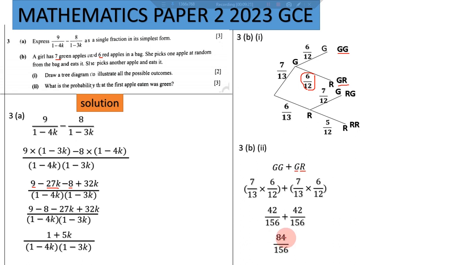Now here, we need to reduce our value to its lowest, of course. So we can just divide by, I think a 12 can do. So if we divide with a 12 on the 84 there, we're going to have a 7, okay, and then if we divide with the 12 on the 156, we're going to have a 13. So we have the final answer there as 7 over 13.